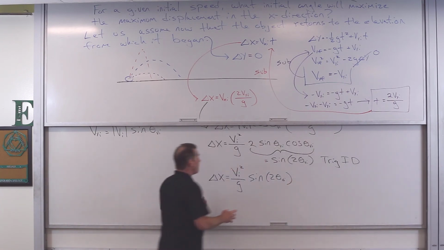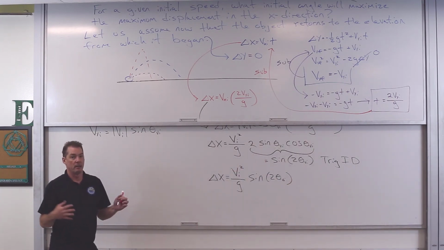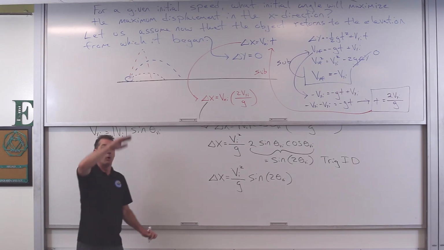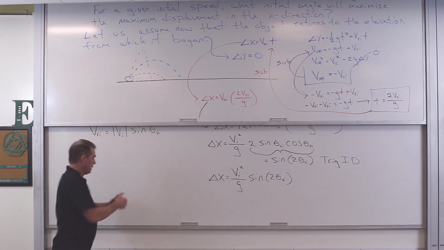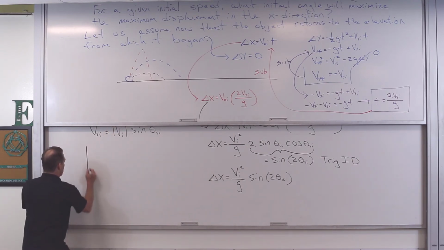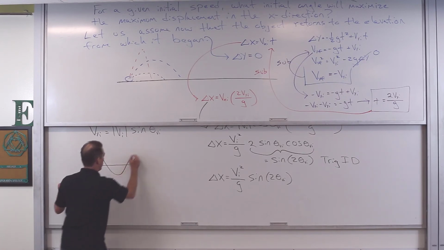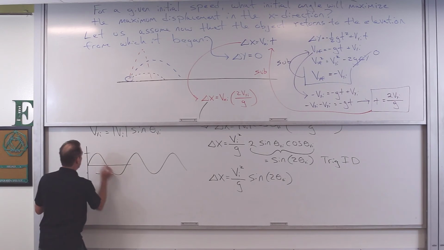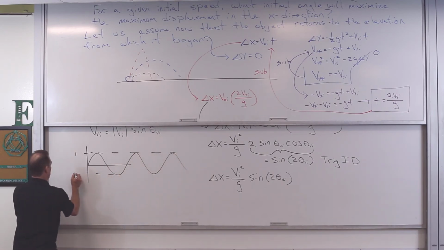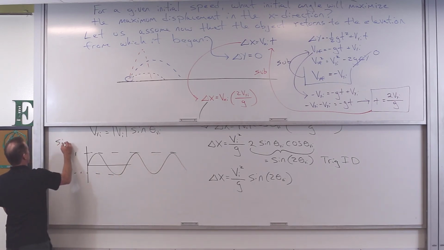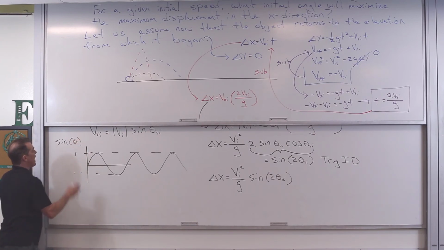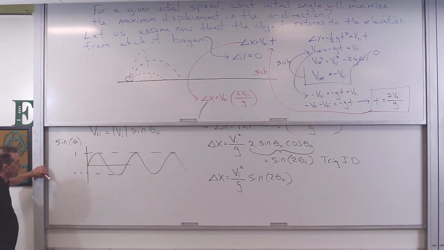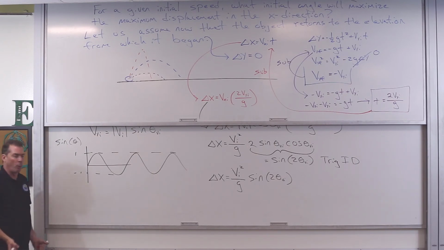The sine of anything just alternates between 1 and -1, right? The sine function just goes 1 and -1. This is just the sine of theta in general. Well, we make it 2 theta, it doesn't matter. It still just alternates between 1 and -1.